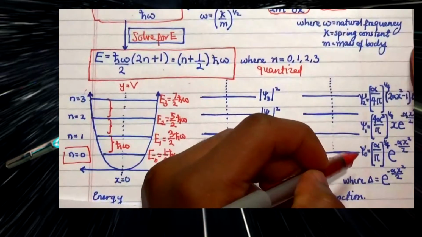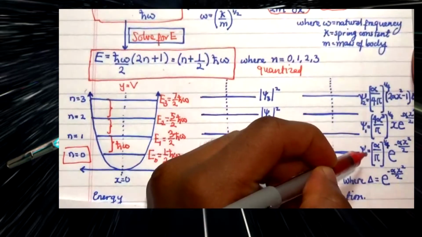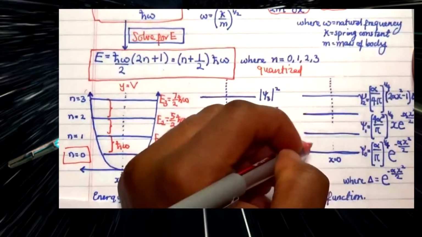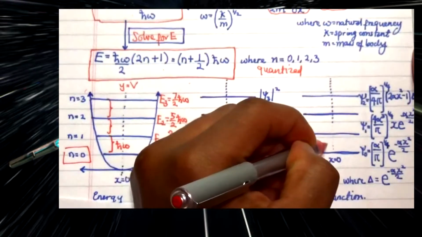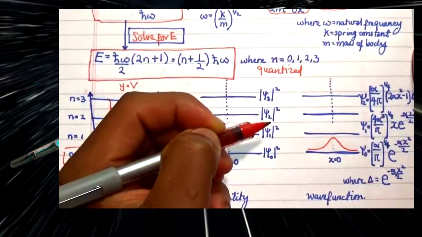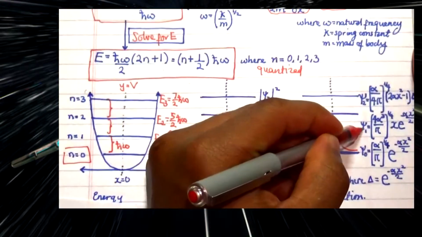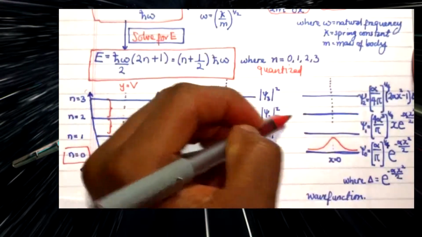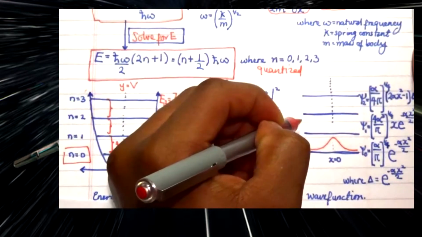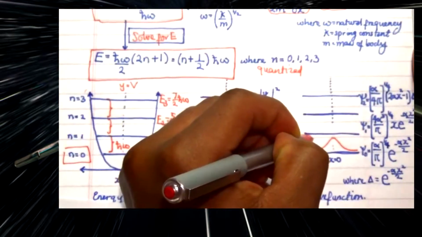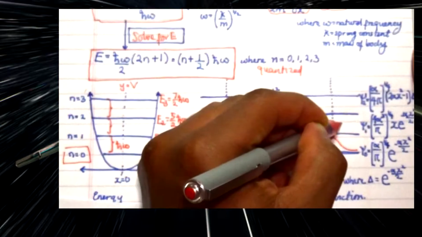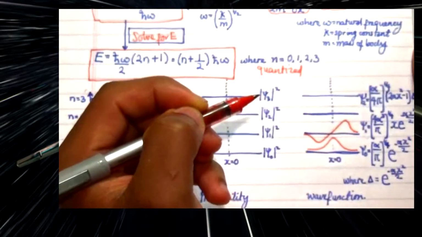Now our wave function for the zero energy in here is this. But when you go to the first wave function, what we realize is that it starts off in this particular case, then approaches this region and comes down over there.